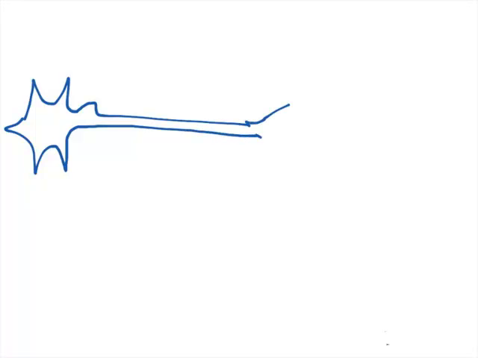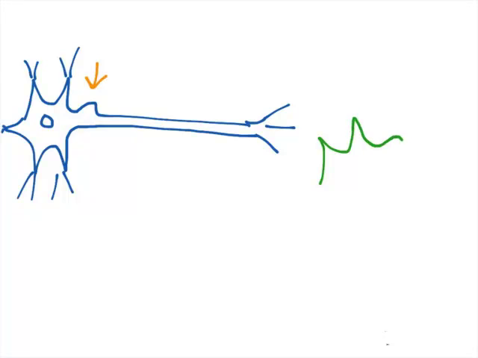Other people call it, we're calling this the axon hillock. And this is notable because at this point there are a large number of what we call sodium voltage-gated channels.